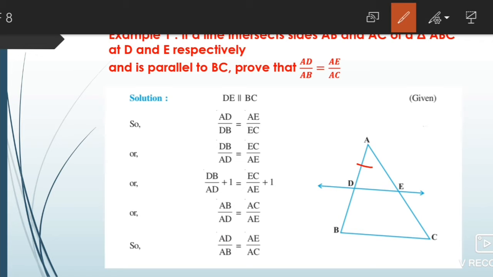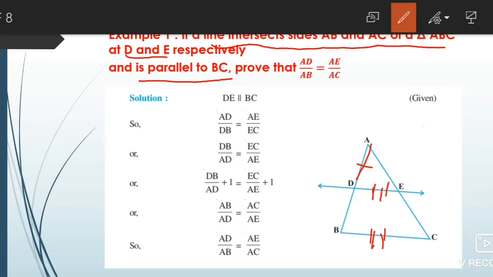As you can see here, given that DE is parallel to BC, because the line intersects the sides AB and AC of triangle ABC at D and E and it is parallel to BC. You have to prove that AD by AB is equal to AE by AC.